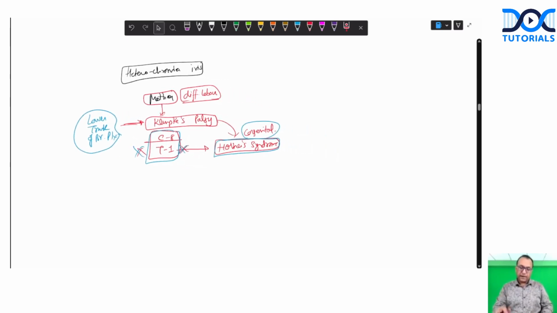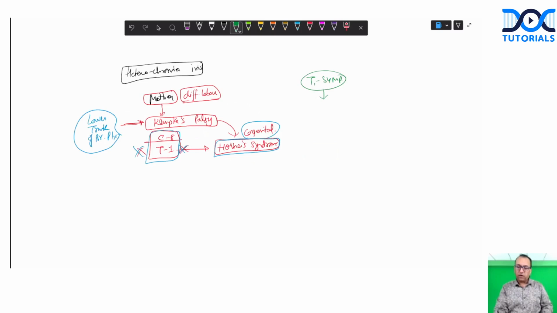Now, understand this: T1 sympathetic supply is important for deposition of melanin on the iris. Deposition of melanin on the iris. So this T1 sympathetic system is important for deposition of melanin on the iris, and it takes 2 years post birth.